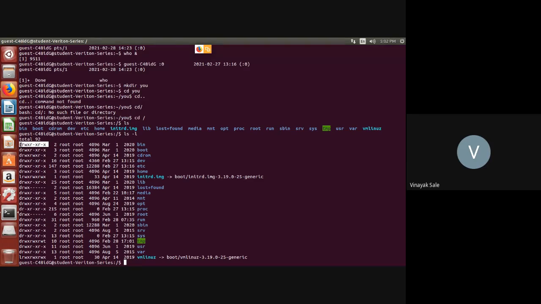The first character is d, then r w x, then r dash x, and then the next r dash x. r is for read, w for write, and x for execute. And d is for directory. If there is no d, and instead of d there is a dash, then it is known as a file.